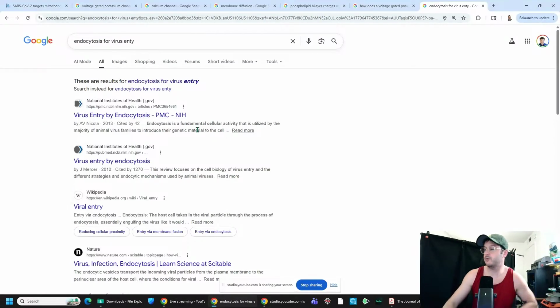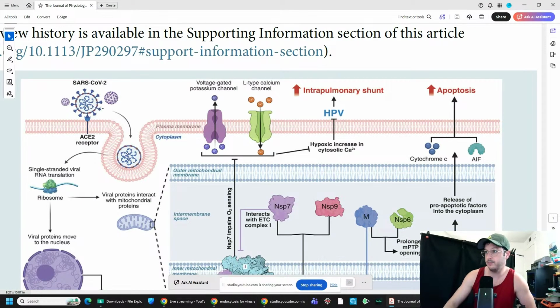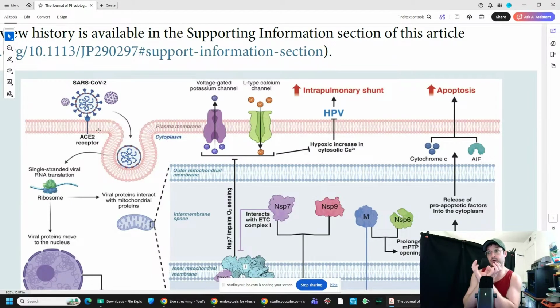Yeah. So endocytosis is what is happening right now for the COVID. When COVID binds to a receptor, endocytosis allows it to create a reaction where it gets engulfed by the membrane and then spit out the other side. And then the membrane seals back up, typically.